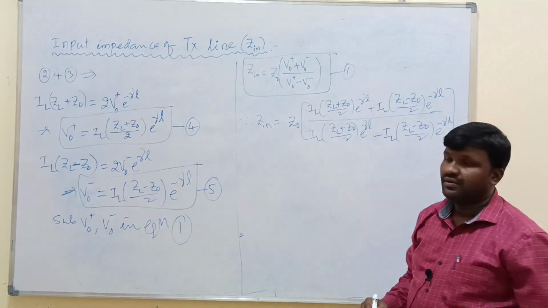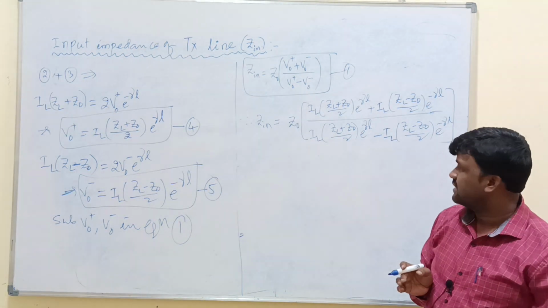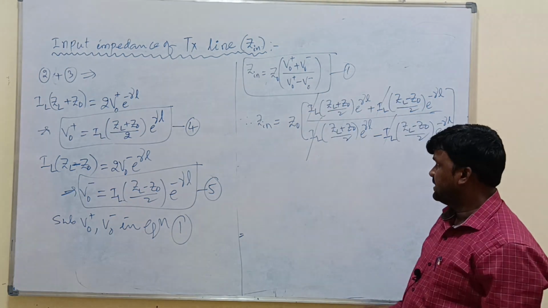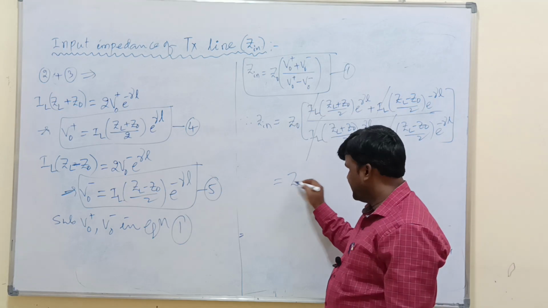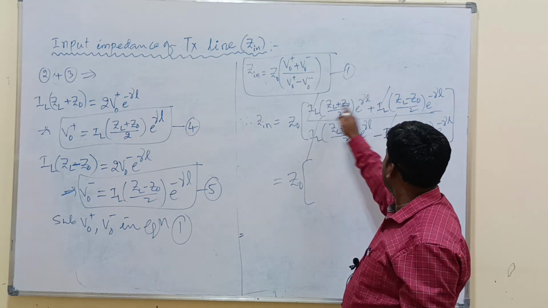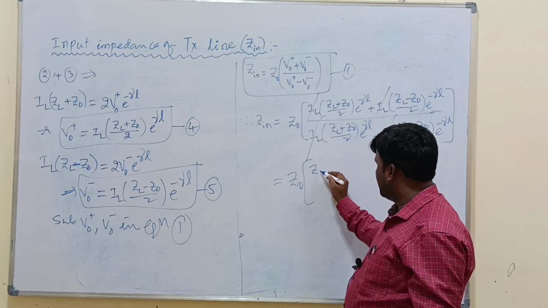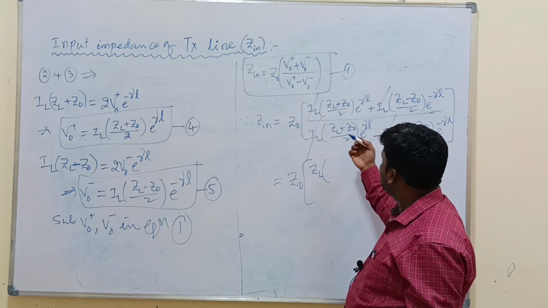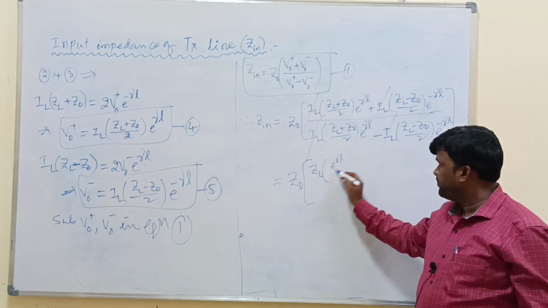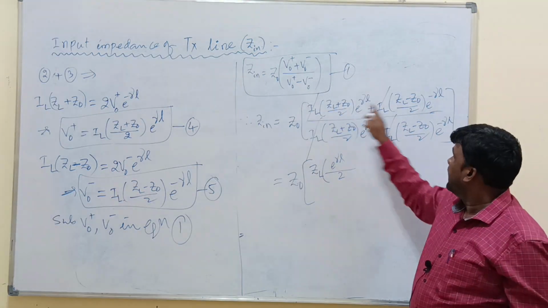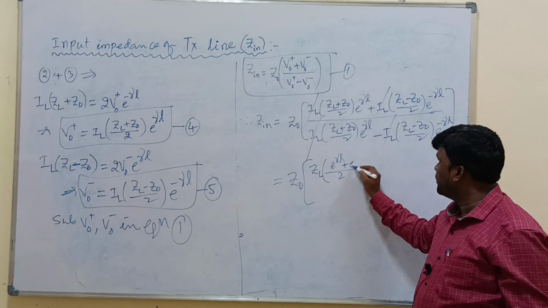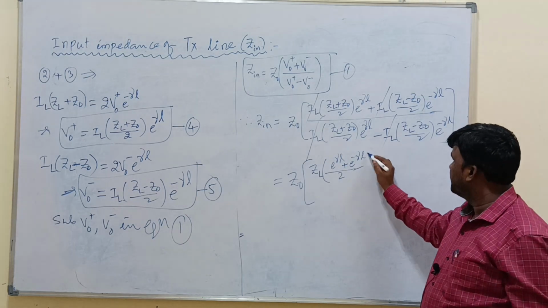So this is about substitution, simple substitution. Now if you see here, IL gets cancelled. I am writing ZL terms and Z naught terms separately. Here Z naught, here it is ZL, here also ZL. So ZL remaining is what, e to the power gamma L by 2, and here ZL e to the power minus gamma L by 2 plus e to the power minus gamma L by 2.